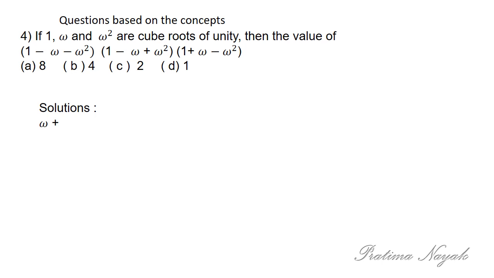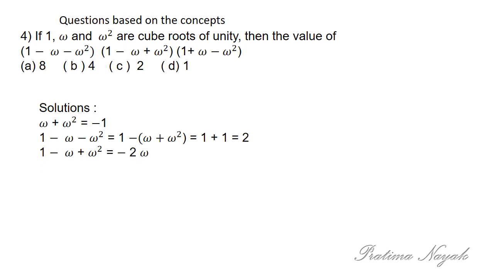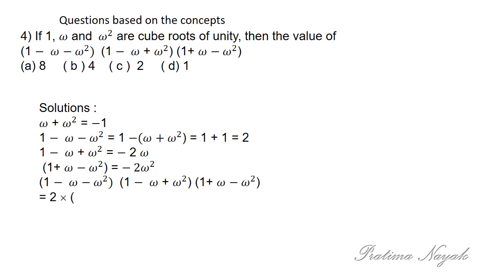So here for the first case, we'll change 1 plus omega square as minus omega, so 1 minus omega plus omega square becomes minus omega minus omega, that will be minus 2 omega... Similarly, 1 plus omega square is minus omega, so that will be minus 2 omega. And third will be 1 plus omega is minus omega square, so it will be minus 2 omega square. So it will be 2 into minus 2 omega into minus 2 omega square. So it will be positive 8 omega cube. Omega cube is 1, so the answer is 8.